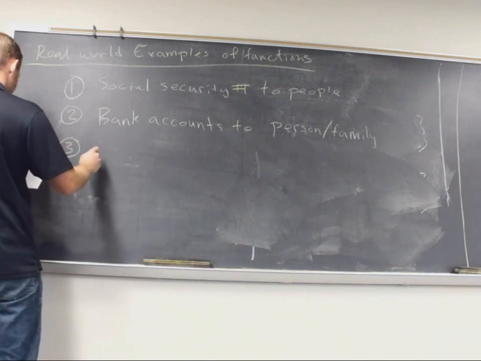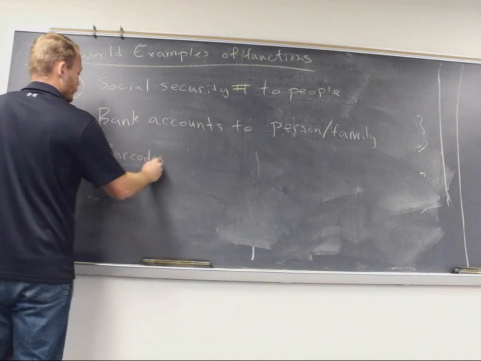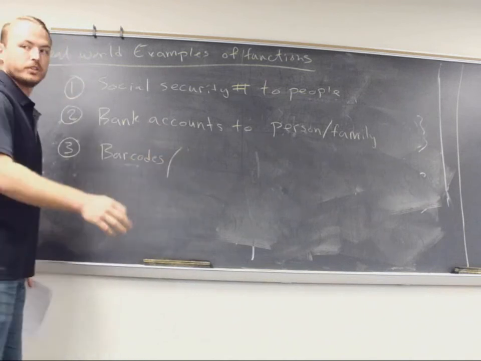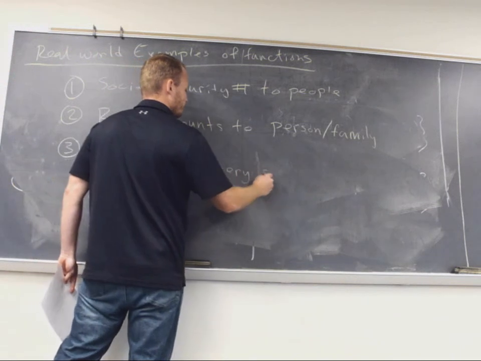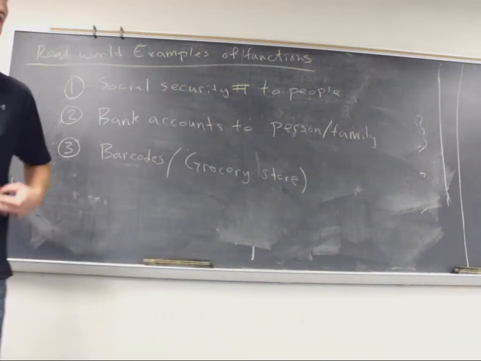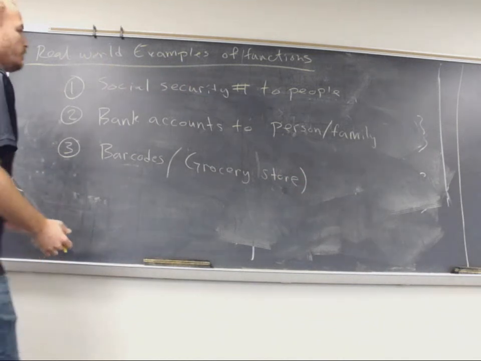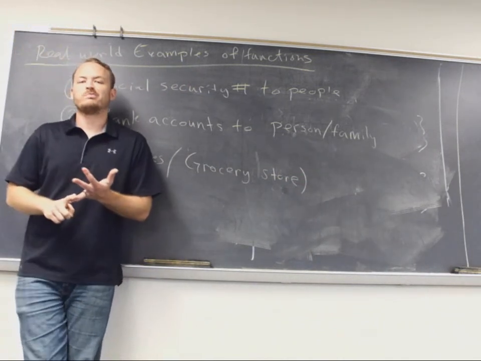And then 3, you could have barcodes. Say at like a grocery store. So you're in the checkout line at Target, and you have 2 gallons of milk, so 1 gallon each.